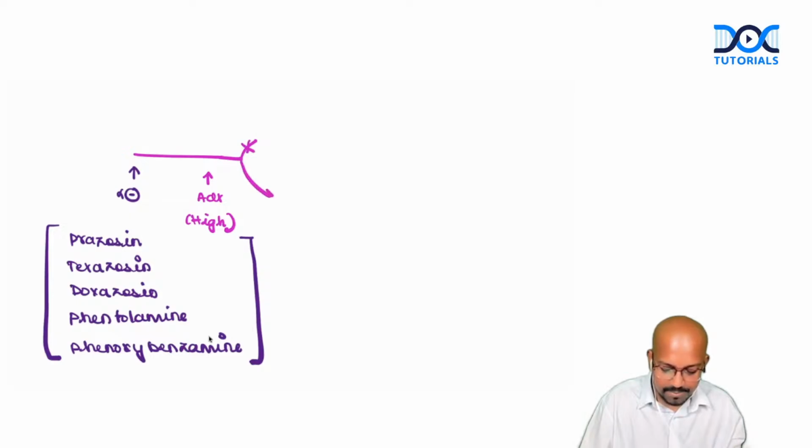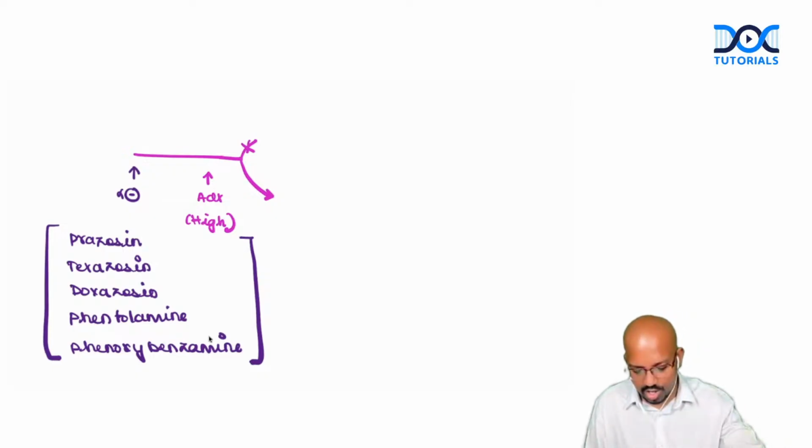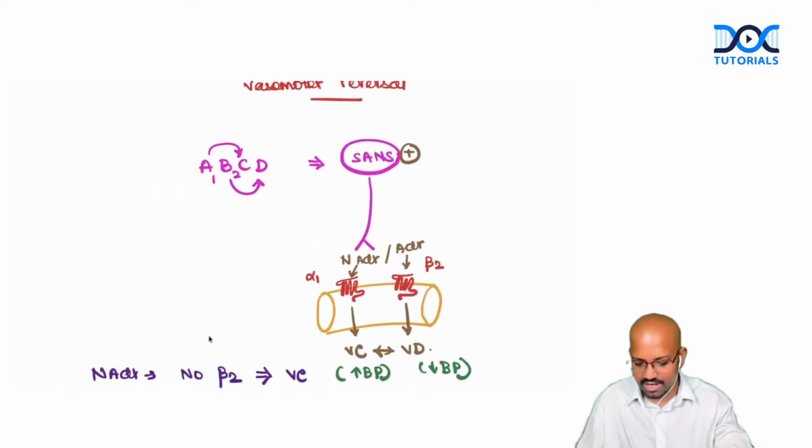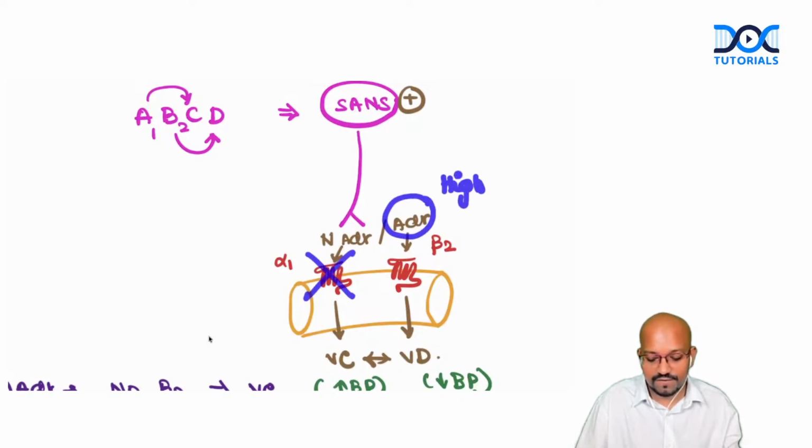Instead, there will be a profound fall in the blood pressure. Why? Because already the patient is under an alpha blocker therapy. When the alpha receptors are blocked, as we go back to the diagram here, whatever be the dose of adrenaline administered, even if it is high dose or even if it is low dose, it will be acting more and only at beta 2 receptor.